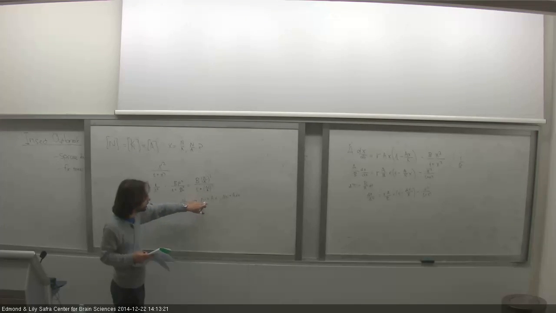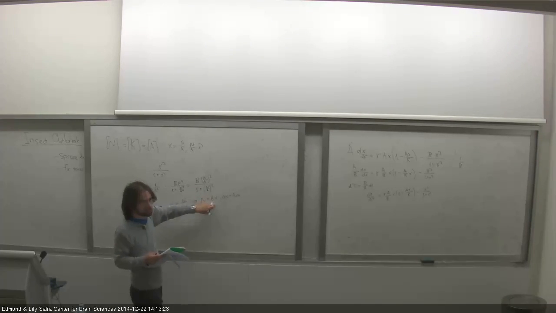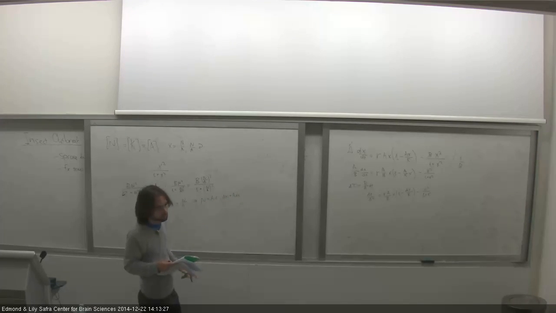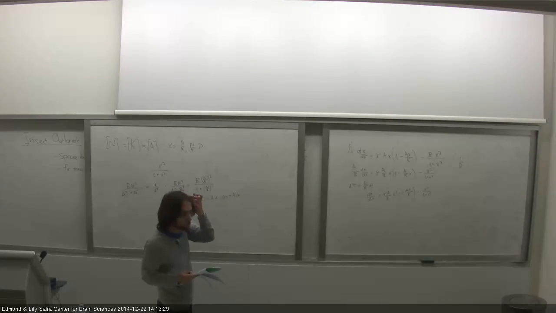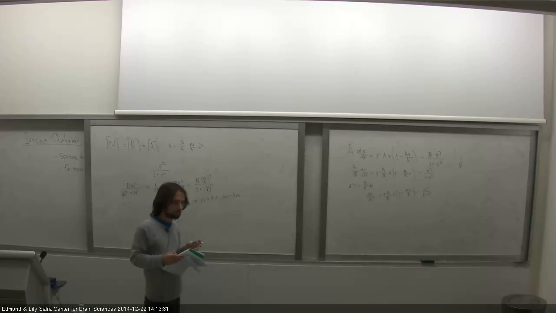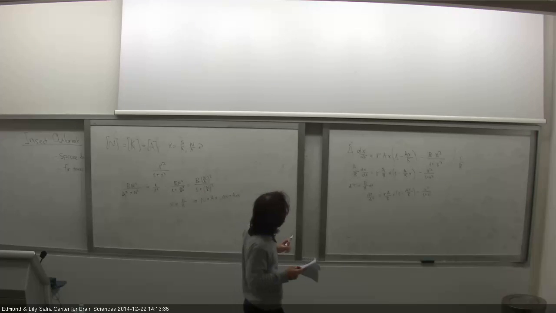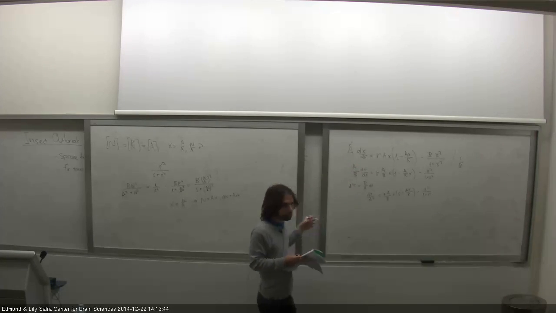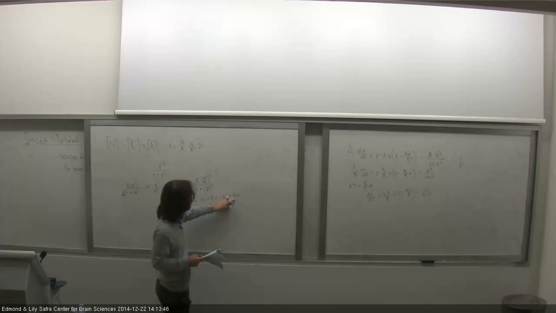Everywhere I have n, I can substitute ax, and dn equals a dx. The tricky bit here is the dt, I didn't understand it. Which one? Here, a dx over dt. So there was dn over dt, and dn is equal to a dx. Mhm.